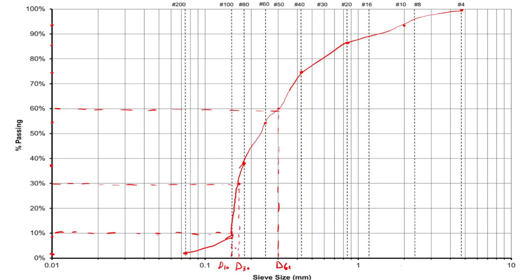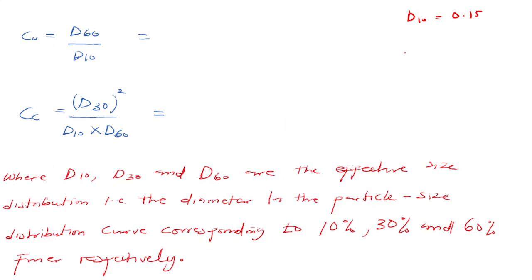Our D30, yeah, just to say 0.155. Let's round it up to 0.16. Yeah.